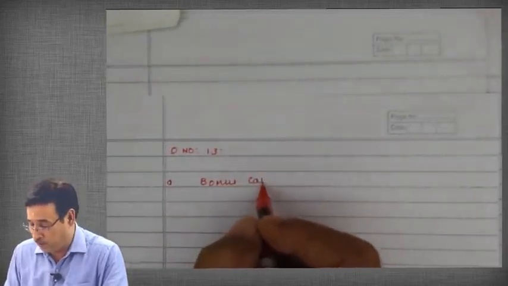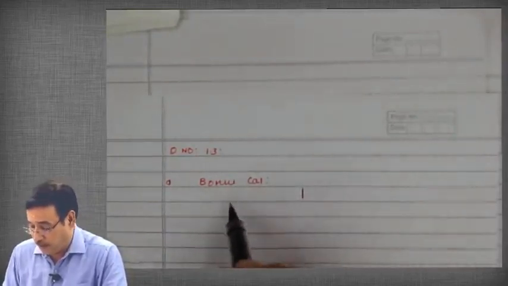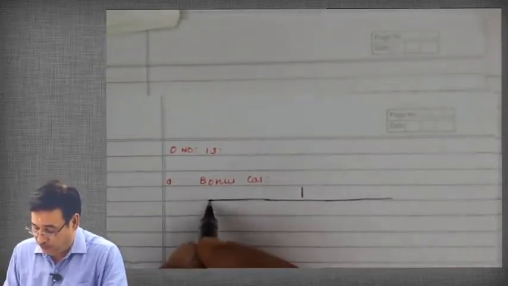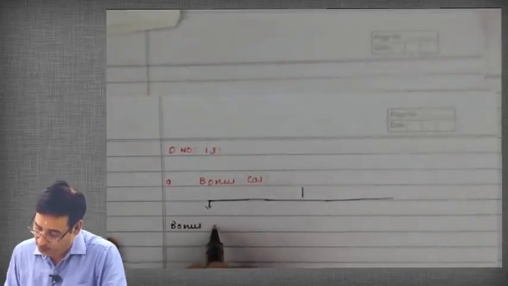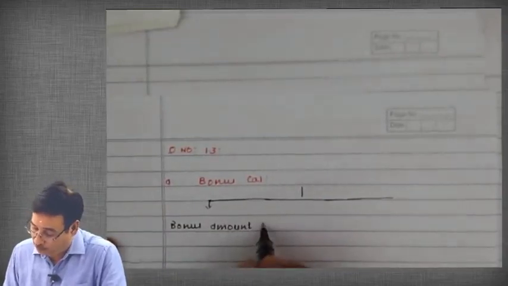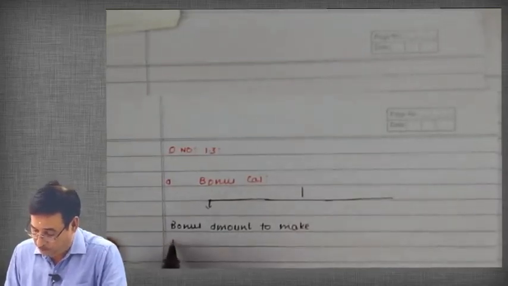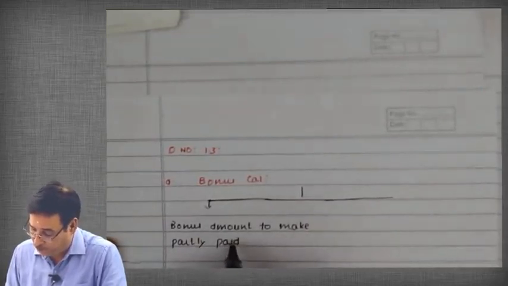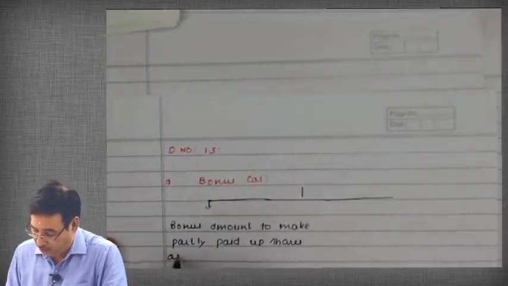In order to have the bonus calculation, first of all, I am going to write bonus amount to make partly paid up shares as fully paid.